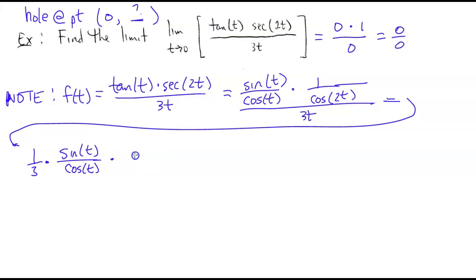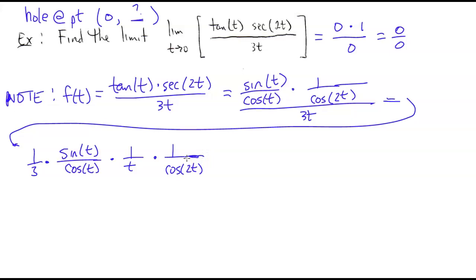And we also have 1 over t, because we got 1 over t there. And we also have 1 over cosine of 2t. So this is another way that we can rewrite.